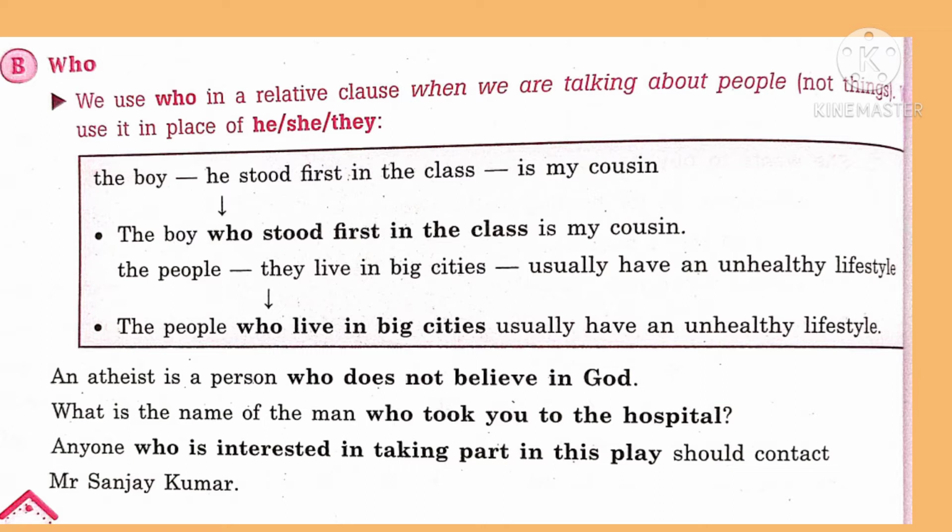Say for example, the last example, can you see? The people who live in big cities usually have an unhealthy लाइफस्टाइल. तो हमने पीपल जो बिग सिटी में रहते हैं उनकी मोस्टली यूजुअली अनहेल्दी लाइफस्टाइल होती है. सो वी हैव यूज्ड दिस रिलेटिव क्लॉज who here.